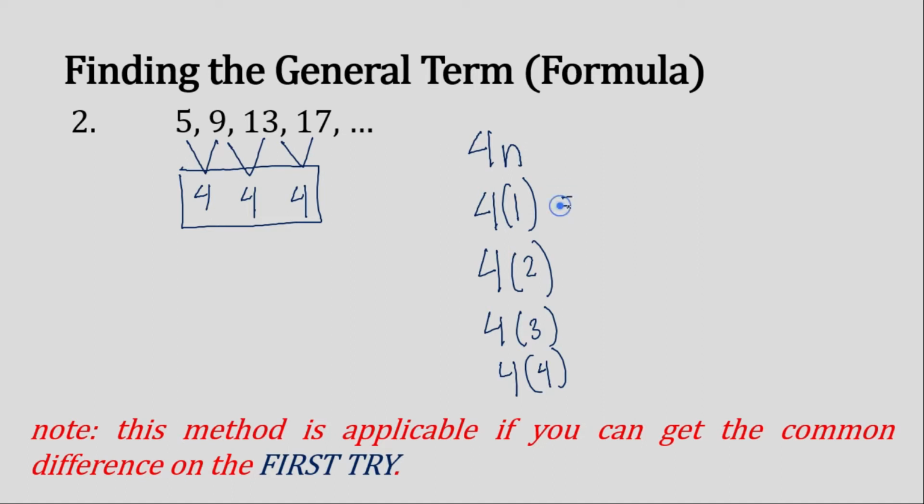Now let's try to evaluate this. 4 multiplied by 1 is 4, 4 multiplied by 2 is 8, 4 multiplied by 3 is 12, and 4 multiplied by 4 is 16.